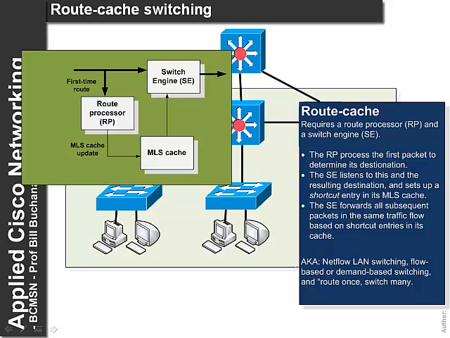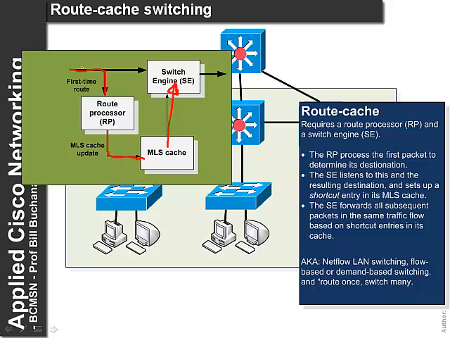With a route cache, we have a special switch engine and a route processor. When a first-time route is made, then it goes into the route processor. This then finds an optimal route for it, and the MLS cache is updated so that any future routing can be done through the switch engine, which makes the whole process much faster.